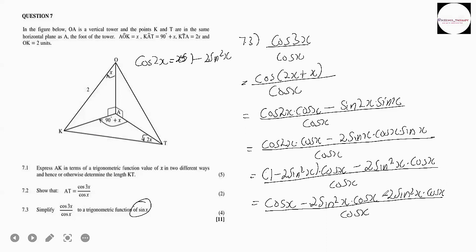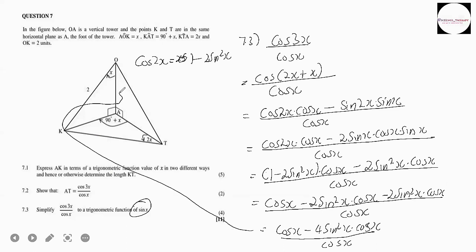And now these ones are like terms and then they're going in the same direction. So they need to be cos x minus 4 sine squared x cos x. And then we have that over cos x.